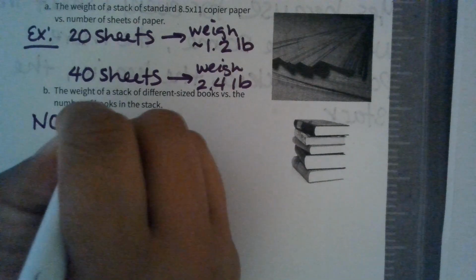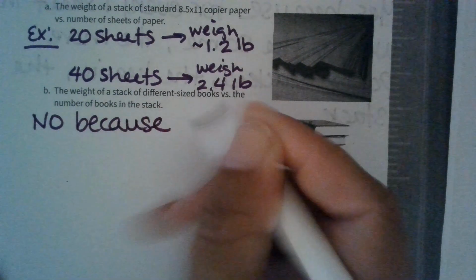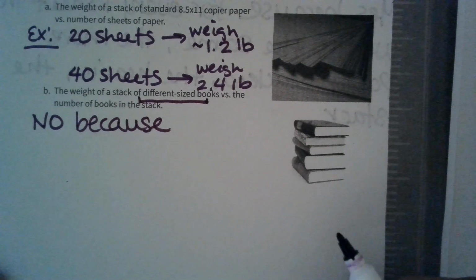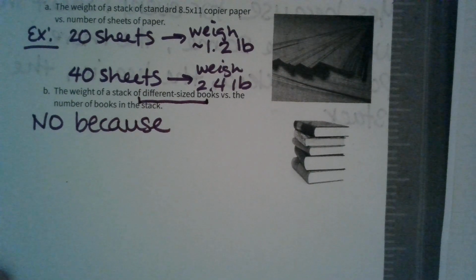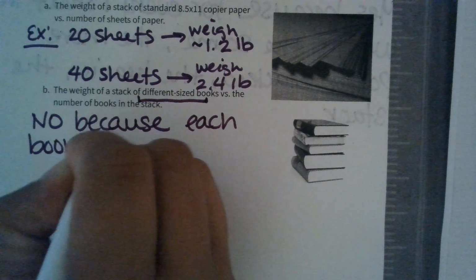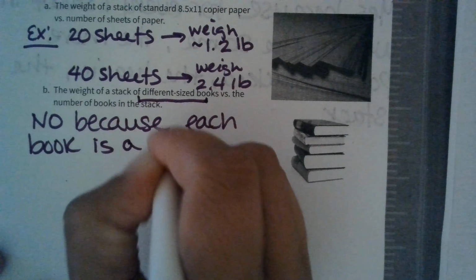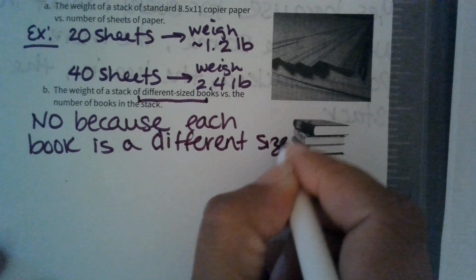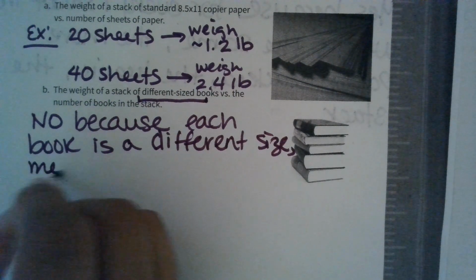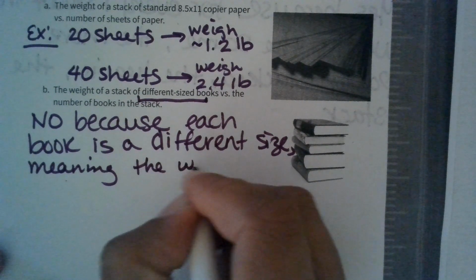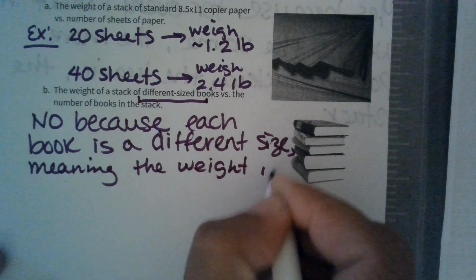No, because of this piece. The fact that it said the word different lets you know. No, because each book is a different size, meaning the weight is different every time.